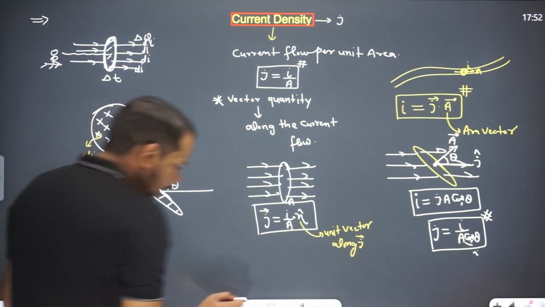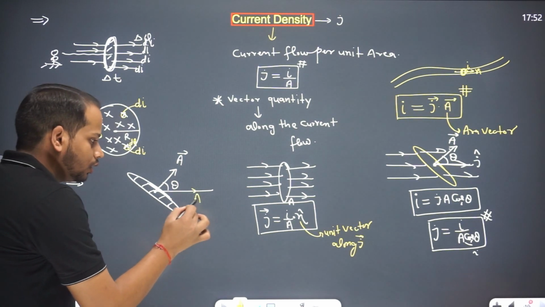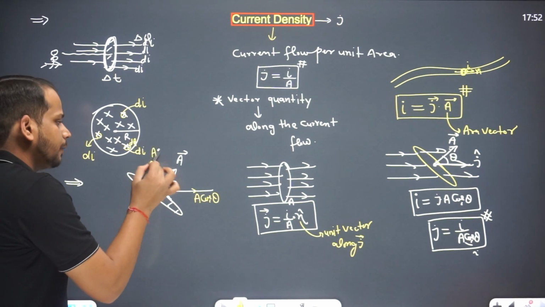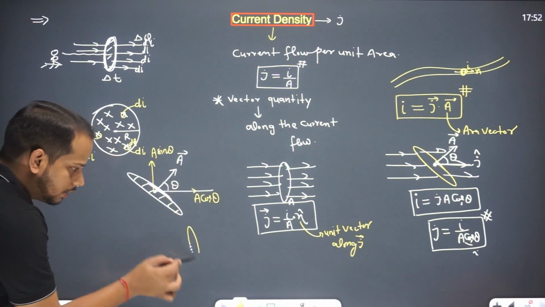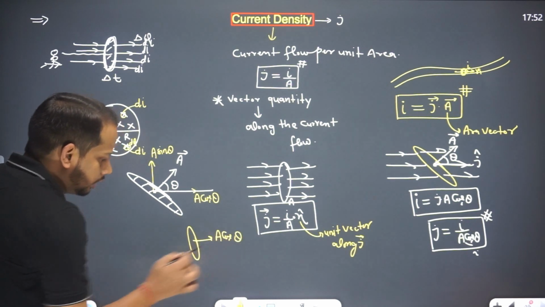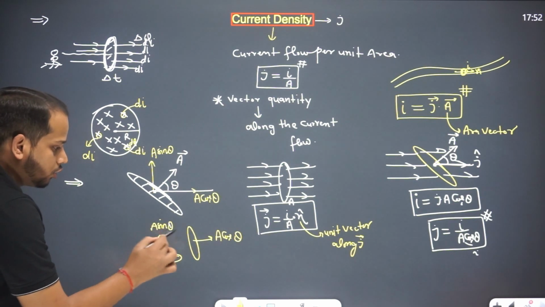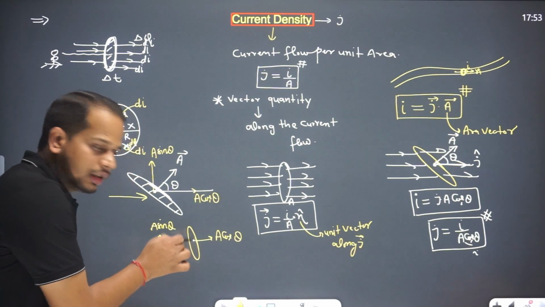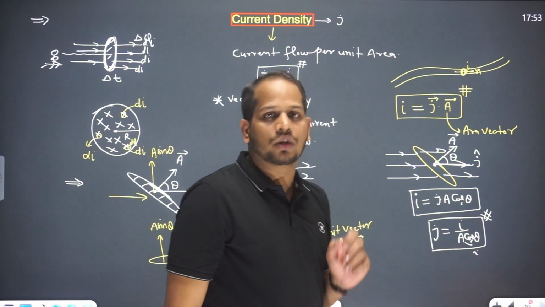Taking the components of A, this is A cos theta, and the other component is A sin theta. Current is flowing along this direction, so the area we have taken is A cos theta. So the formula of J is I by A cos theta, right?